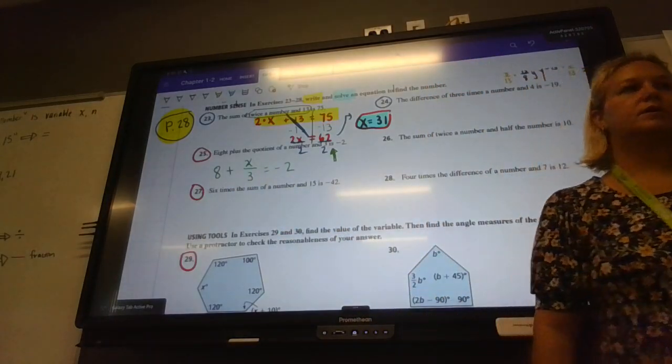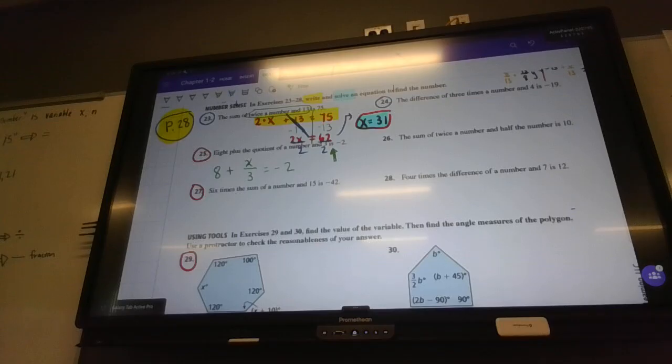So I'm going to wait now and give you a moment to solve it. Try to now find x. It might be a fraction.